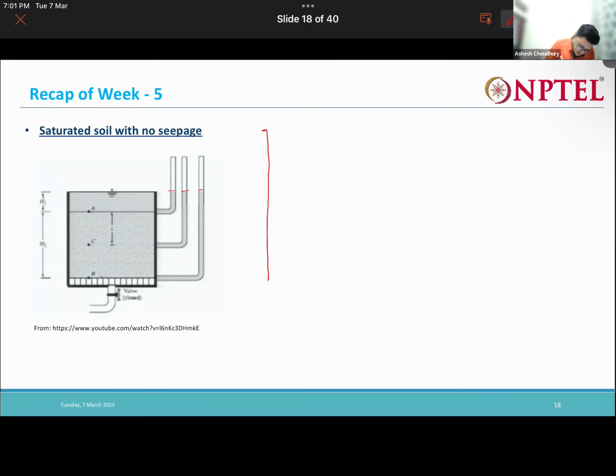Okay, so this is the first point, then we have this A point, then we have C point, then we have P point. Okay, so can you tell me what is the total stress here at the top?